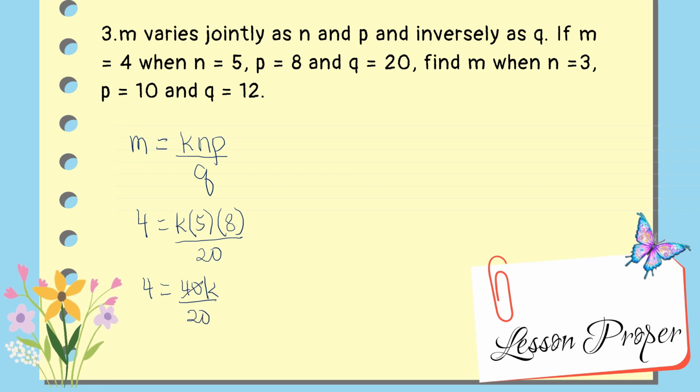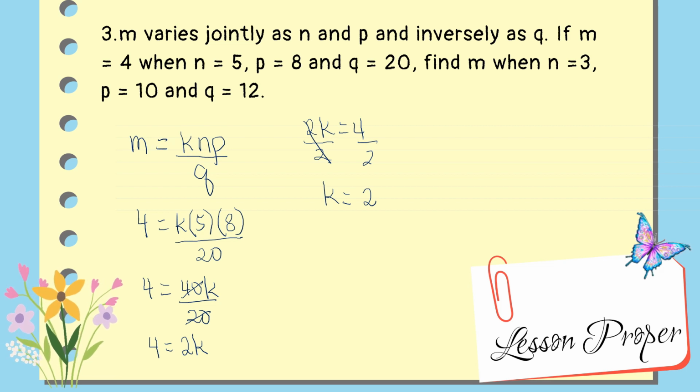Since 40 can be divided by 20, so let's divide this. 40 divided by 20 is 2. So 4 equals 2K, or this is the same as 2K equals 4. So to solve for K, divide both sides by 2. So K is equal to 4 divided by 2 is 2.